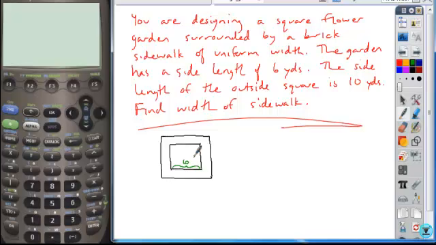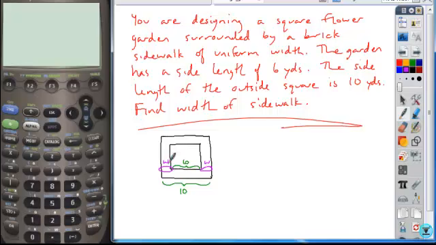The side of the outside square is 10, so this whole length along here is 10. And then it's asking you to find the width of the sidewalk. Well, here is the width of the sidewalk right here. We'll call it W. Not only does that side have a width, the left side also has that same uniform width. And so how do all these pieces relate to one another?